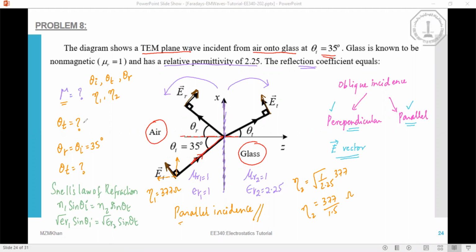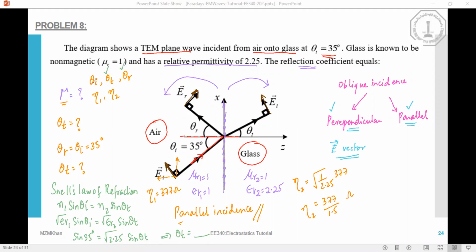So sine 35 degrees is equal to root of 2.25 sine theta T. So from here, we can get theta T. So everything is known to us.